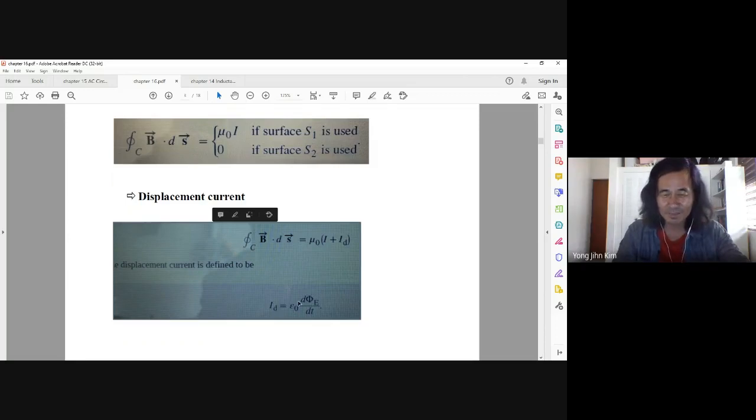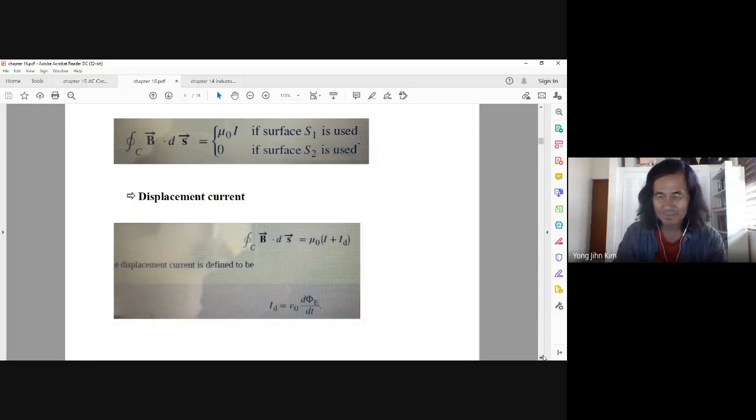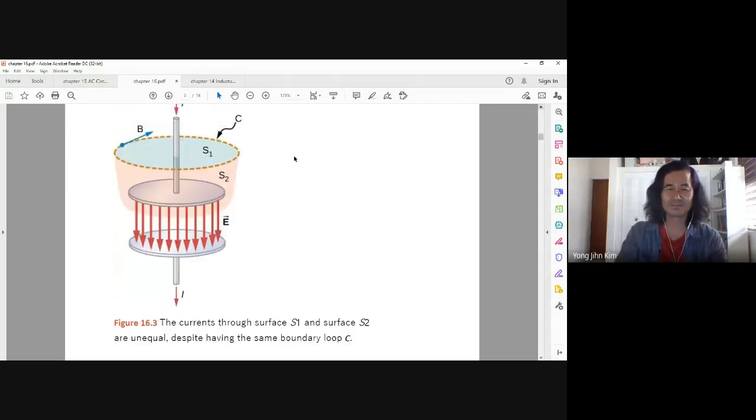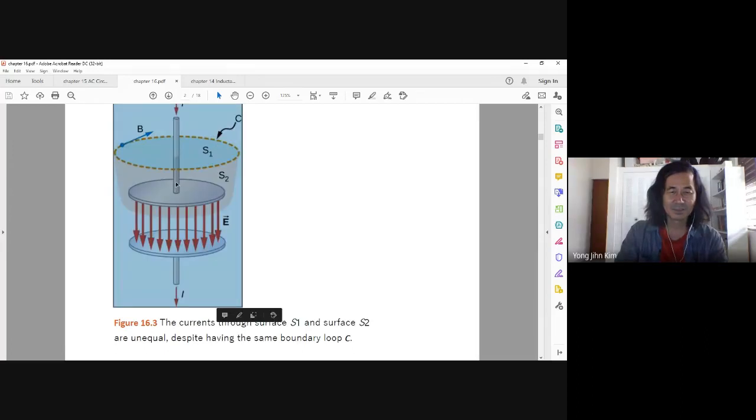And the displacement current is epsilon 0 dΦE over dt. So this is the electric flux change. If I look at the figure again, up to this point we have ordinary current.